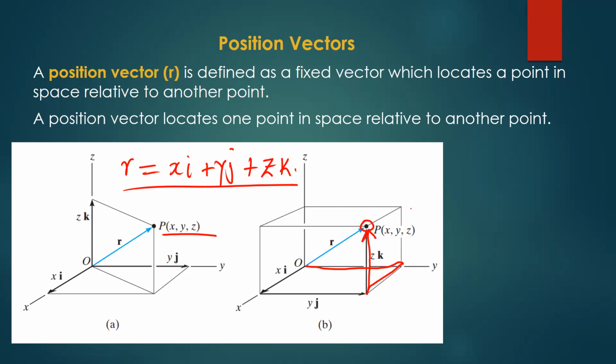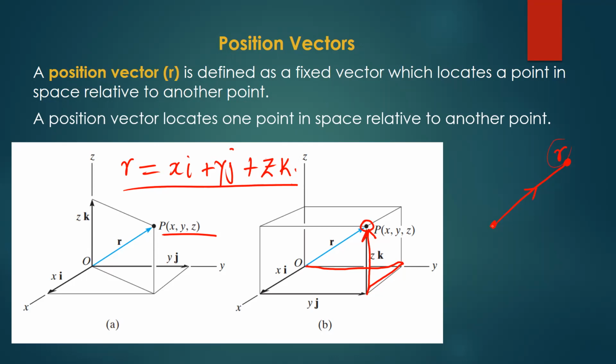If we have a point there and the origin O there, you want to find the position vector R. In other words, we're trying to locate this point using a fixed vector R.